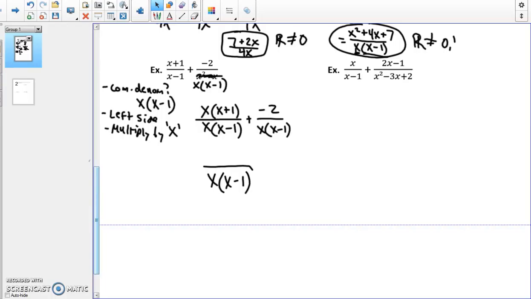So we have one fraction. Now the top, there's a lot going on here. I have x times x plus 1, and then I have a minus 2.